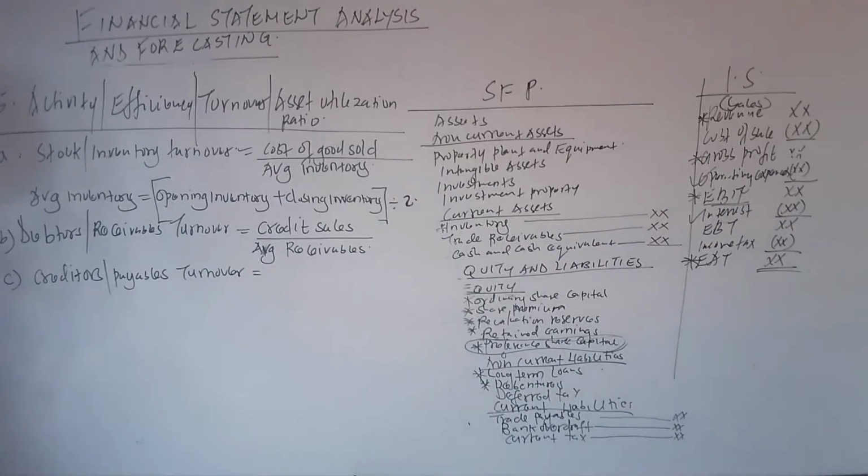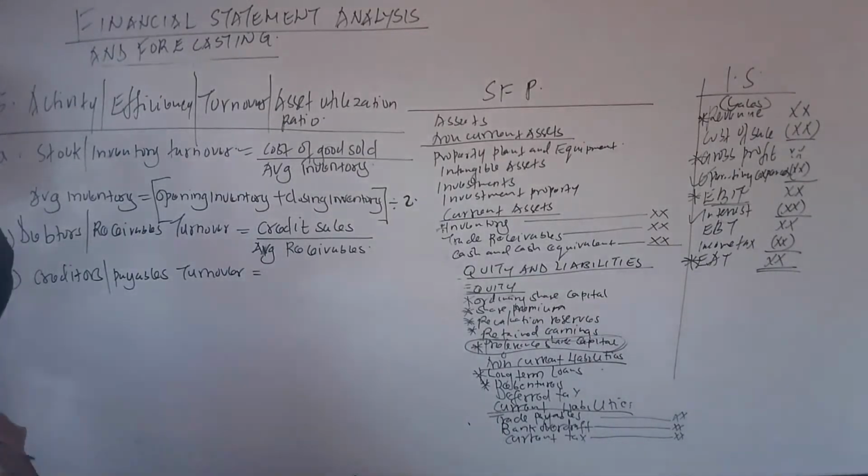Write and say it indicates the relationship between credit purchases and average creditors.